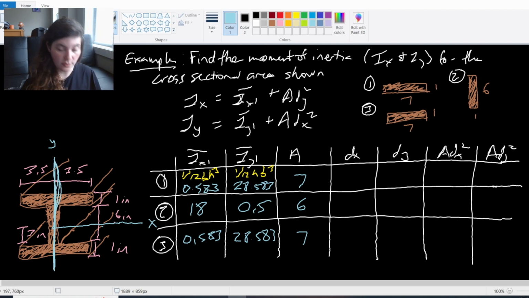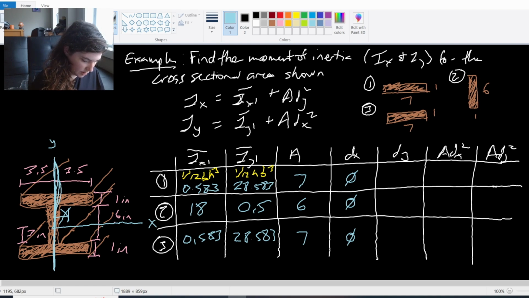So as it turns out, there is no distance between where the centroid is and the axis that I'm taking it about, right? When I do this dx term, there's no distance here, right? It just doesn't exist. It's always 0. It's on the y-axis. So my dx for all of these is going to be 0.